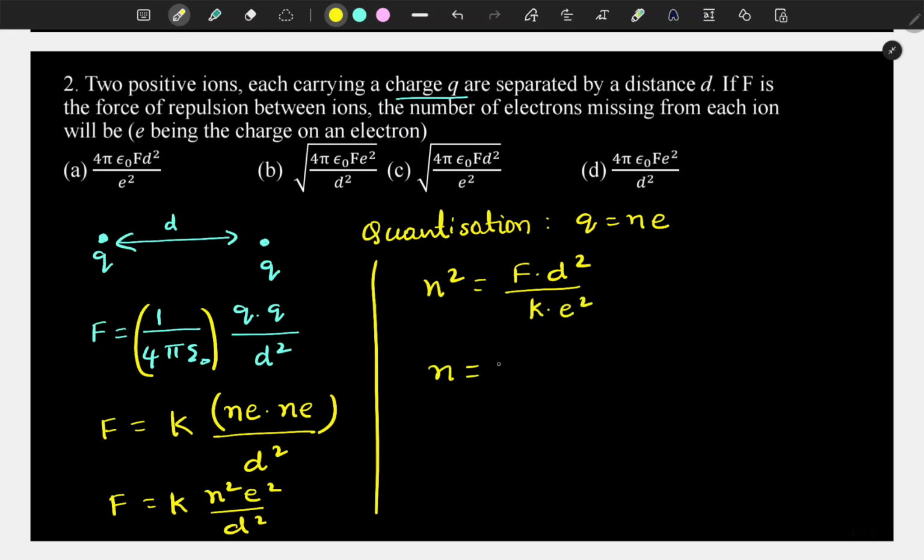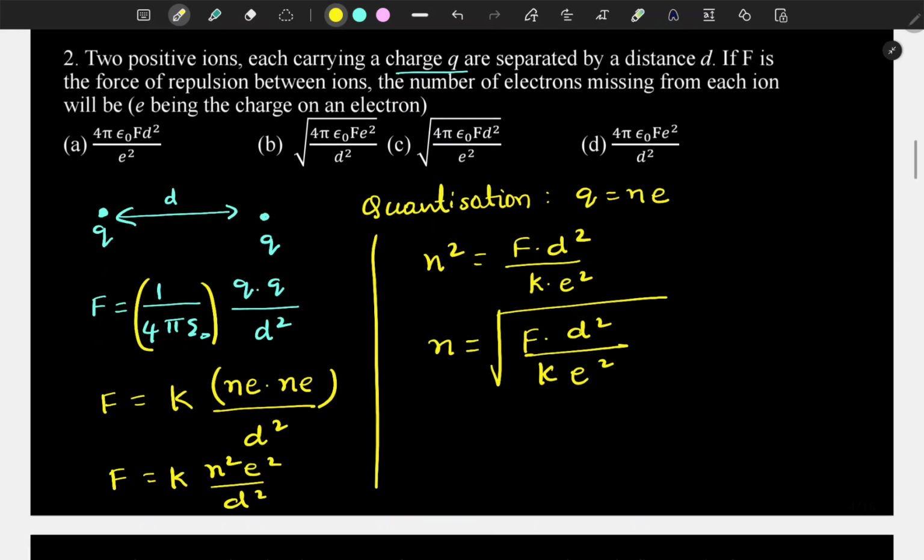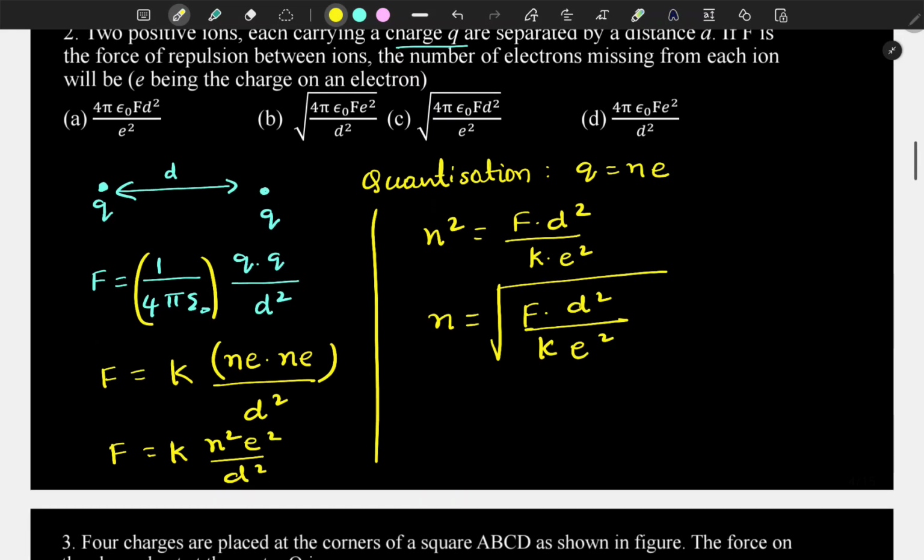So n is equal to square root of F d square divided by k e square, or you can substitute the value of k. The k value is 1 by 4 pi epsilon naught.